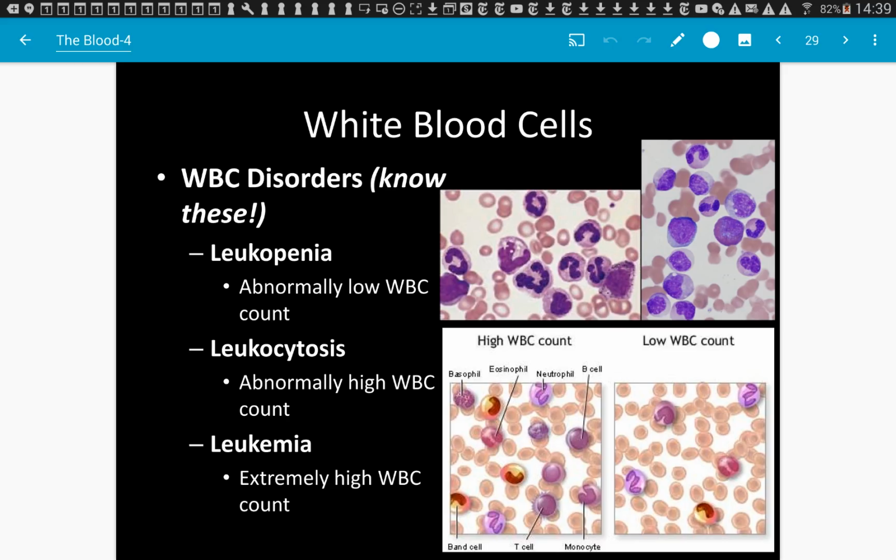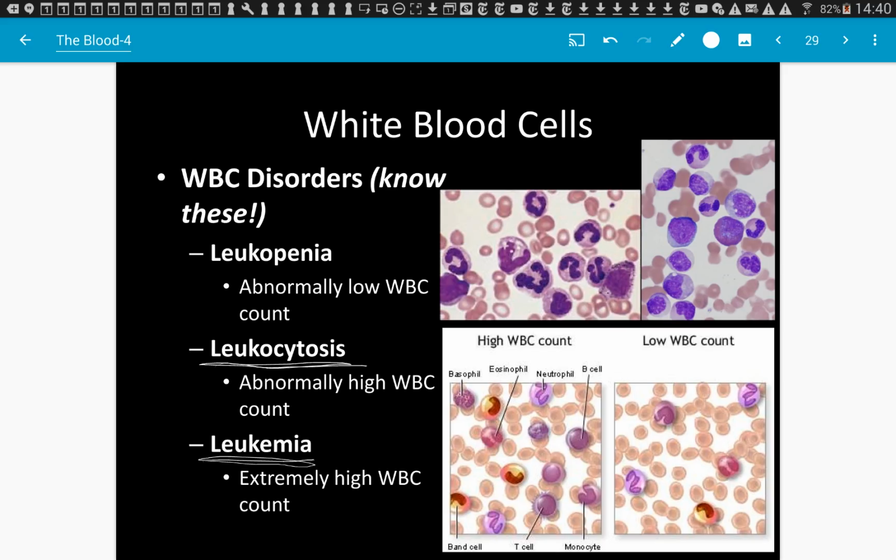Okay, the next one is leukocytosis, and this is where the white blood cell count is just way high. Okay, so I need to watch my words on this one. Abnormally high, okay? Because leukemia is where it's astronomically high, okay?